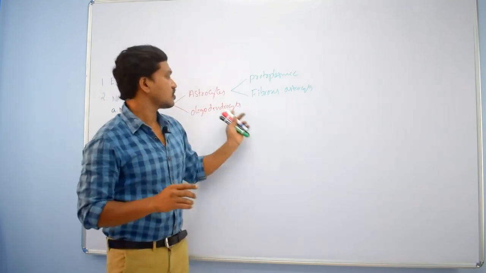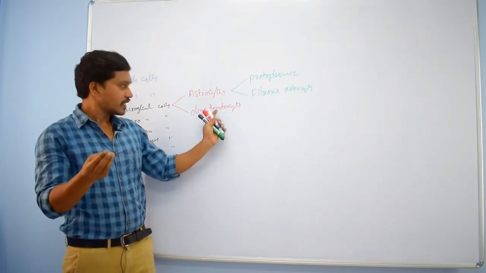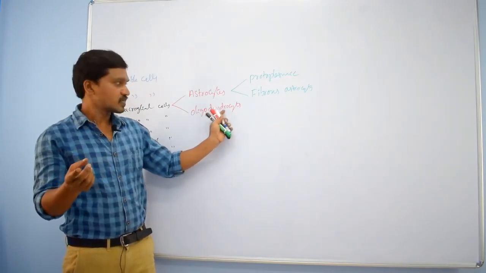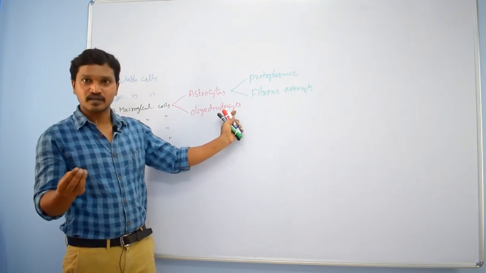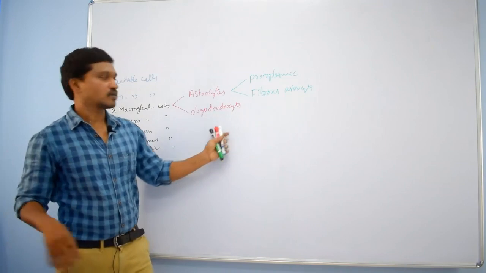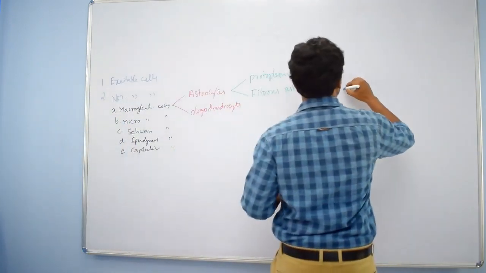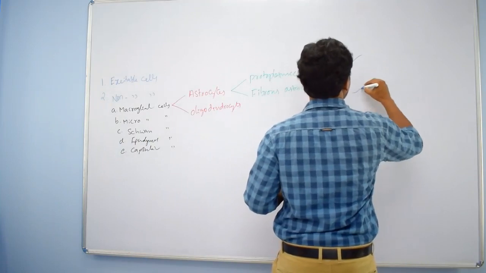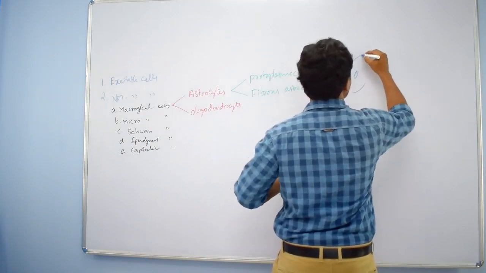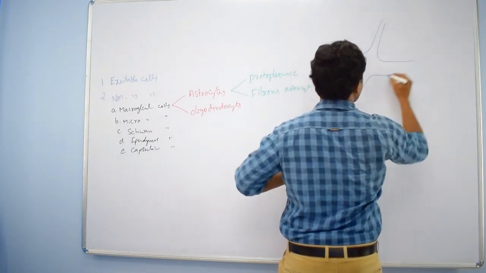Right? So here also oligo means few. Dendro means processes. Cyte means cell. Cell contains few processes. That's it. So the cell structure will be like this. This is a cell body with nucleus, and it contains very few processes.